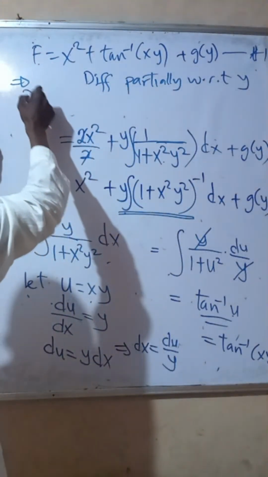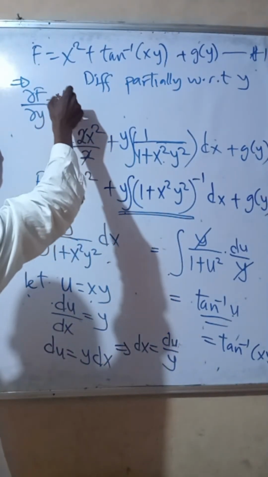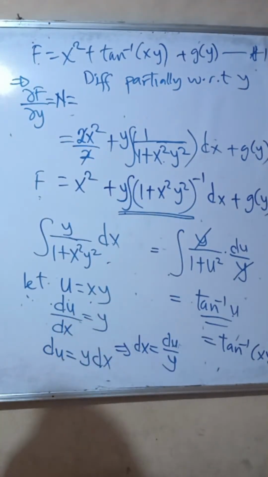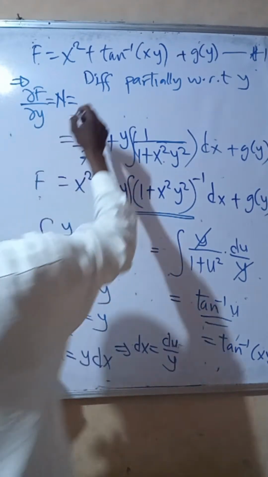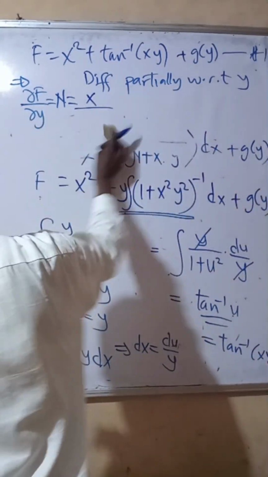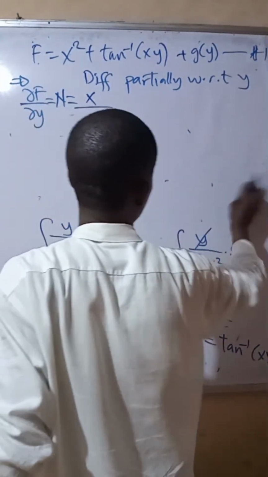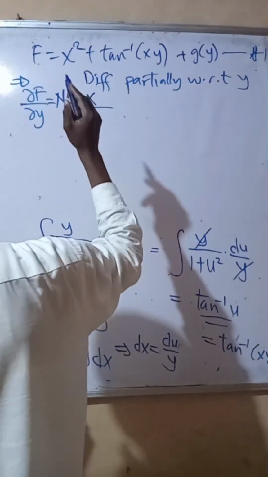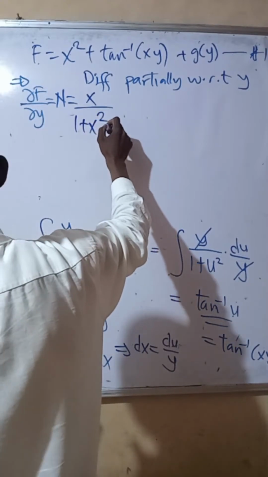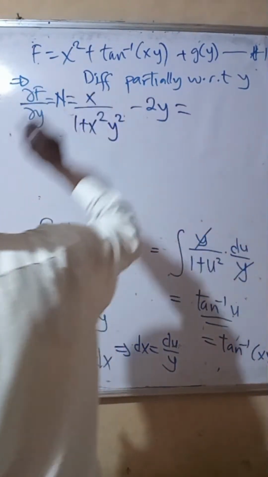So this will be equal to the partial derivative of f with respect to y, and that's equal to N, and we have the value of N. Our N is x over 1 plus x squared y squared minus 2y. That's the N.